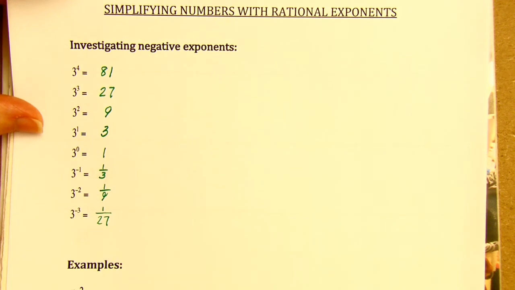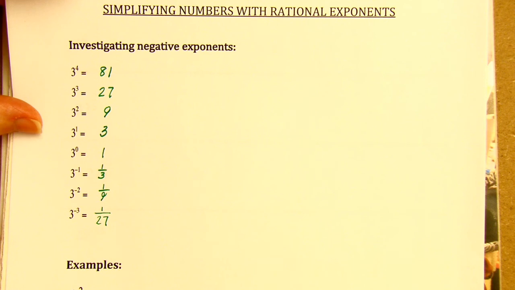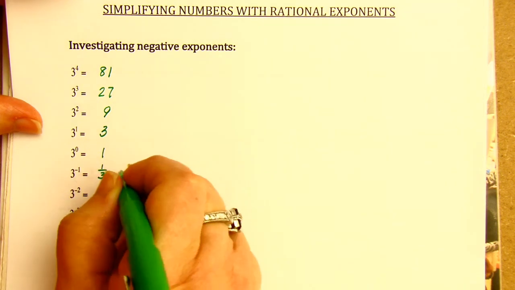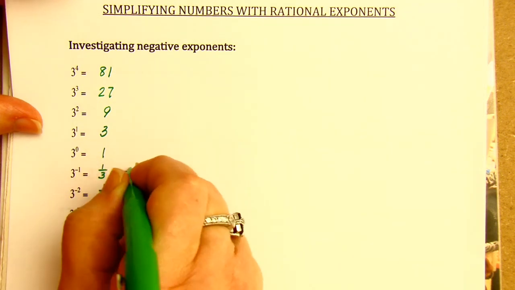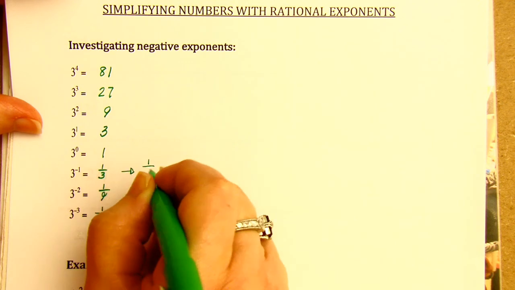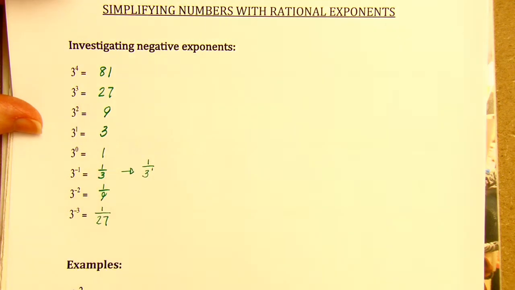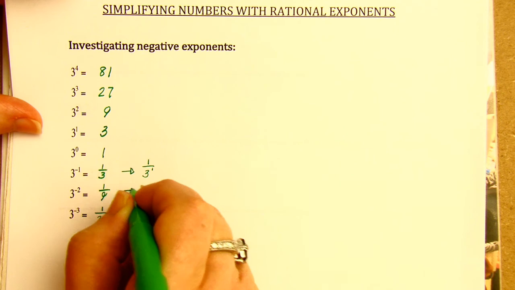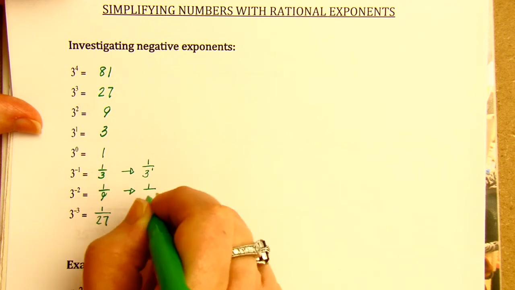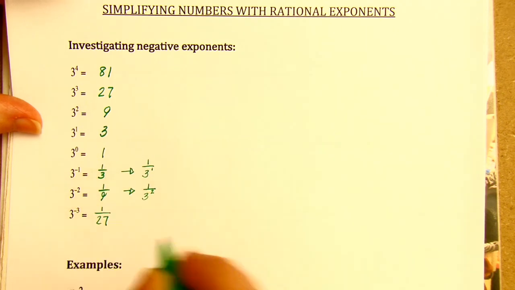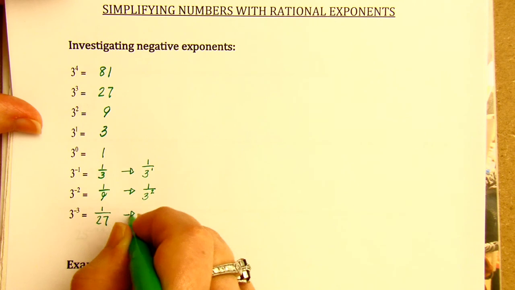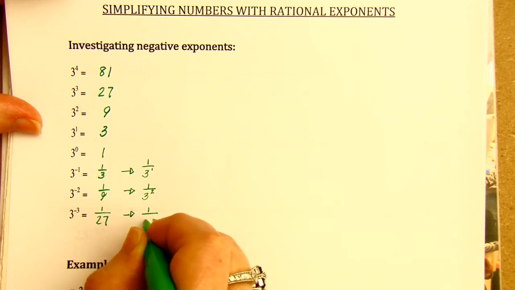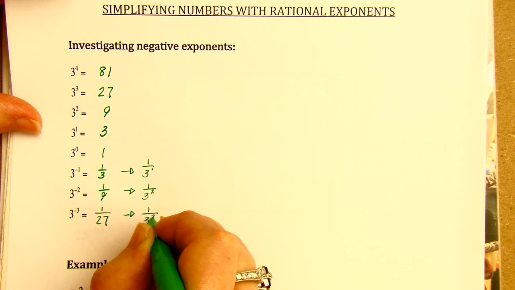And so what happens is this is really 1 over 3 to the positive 1 power. And 1/9 is really 1 over 3 to the positive 2 power. And 1/27 is really 1 over 3 to the positive 3 power.